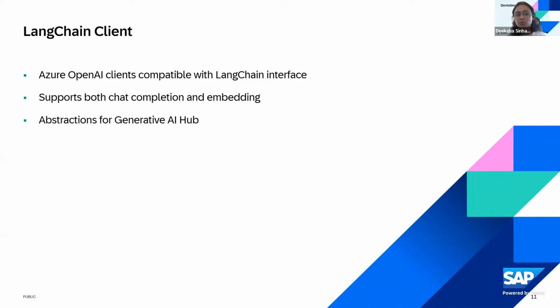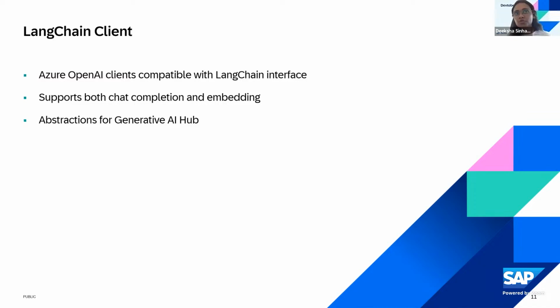And of course, one of the most famous libraries that enables you to use this is LangChain. The SAP Cloud SDK for AI also provides a LangChain client, but we're not reinventing the wheel here. Our client, which is mainly for the Azure OpenAI client at the moment, is compatible with the LangChain interface, so it allows you to work simultaneously with the LangChain interface.